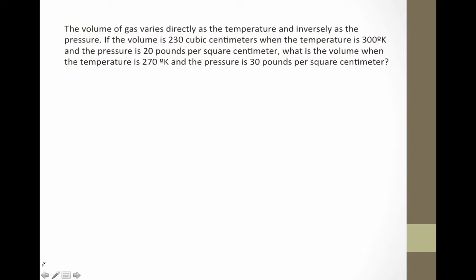The volume of gas varies directly as the temperature and inversely as the pressure. So this is a joint variation. So volume, we'll say, temperature, and pressure. So volume of a gas varies directly as the temperature and inversely as the pressure.